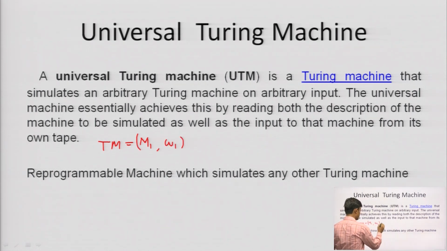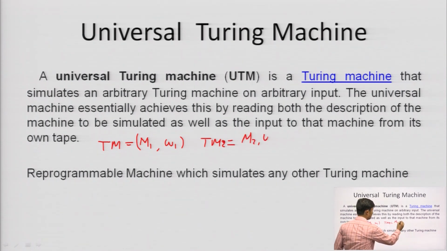Like that, another Turing machine M2 and string is W2, and so on, some Turing machines are given. So, a universal Turing machine is a programmable machine which simulates any other Turing machines. All the Turing machines can be simulated by the universal Turing machine.